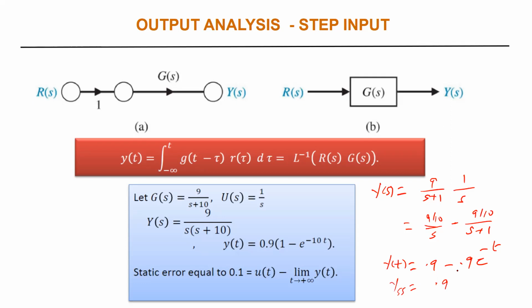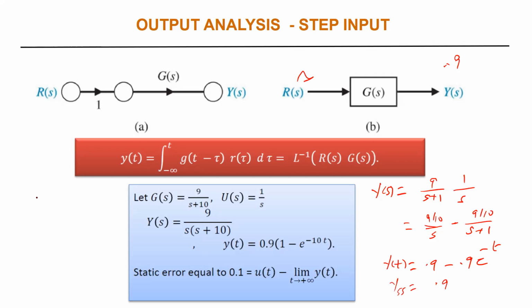Yes. So look, there is an error, because my desired input is a step and what I'm getting is 0.9. This means that I'm going to have a steady state error. We will be studying how I eliminate this error.